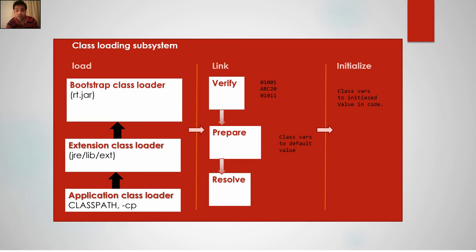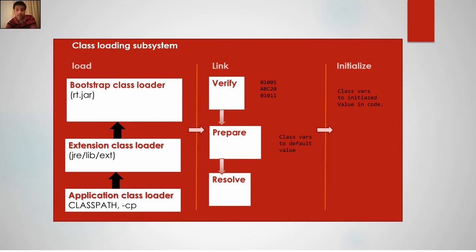Now comes the resolve phase, okay? The resolve phase is the place where all the symbolic references inside the current class are resolved. Suppose you have references to other classes or references to values in the constant pool. These are changed from symbolic to actual references.